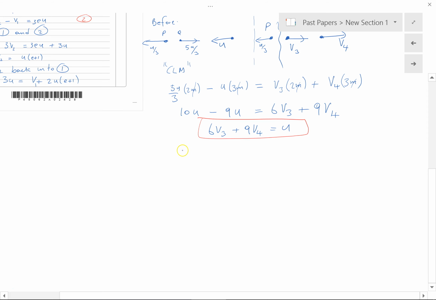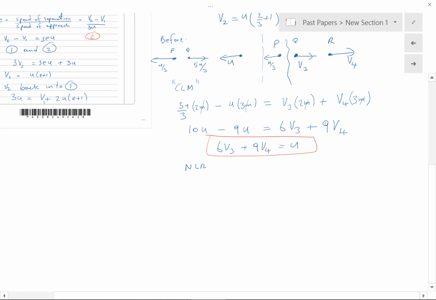So now let's set up a Newton's Law of Restitution problem here. We know that E is 2/3, because it's told us. Speed of separation is obviously V4 minus V3, because V4 is moving away from V3, and they're coming towards each other.